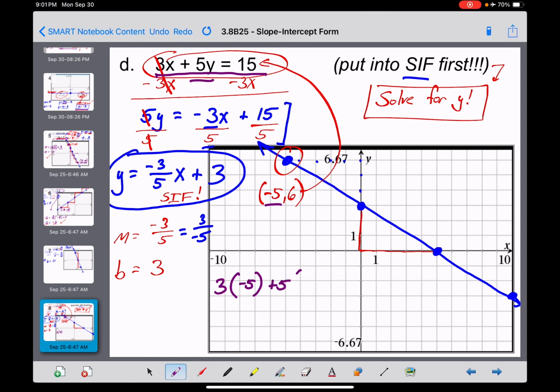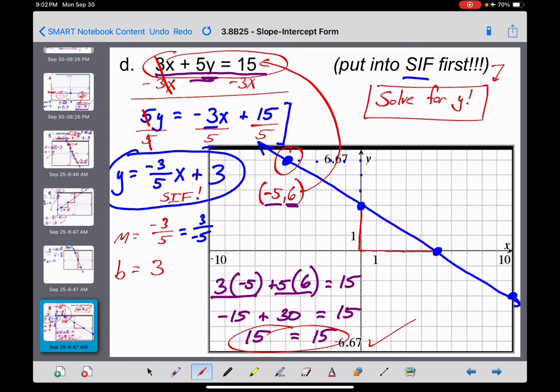Plus 5 times a y-coordinate of 6. And all of that should equal 15. Let's try it. 3 times negative 5 is negative 15. 5 times 6 is 30. Negative 15 plus 30, sure enough, 15 equals 15.